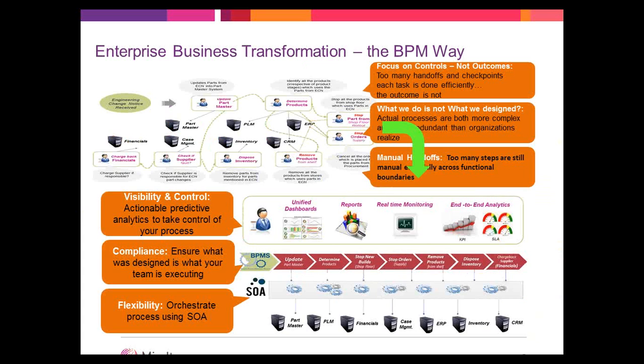Okay, so in the topmost diagram, you see a chaotic process, a very chaotic process like an engineering change notice. Very similar to your loan processing application, but when you consider the level of complexity, it's much more complex. You can see a lot of handoffs between different people and different systems. With such a process, the focus is more on controls, not on outcomes. Even when a task is done efficiently at a siloed level, the outcome is not managed correctly.